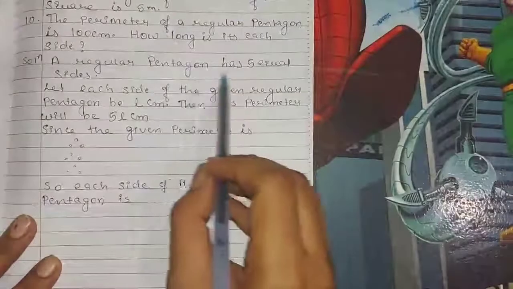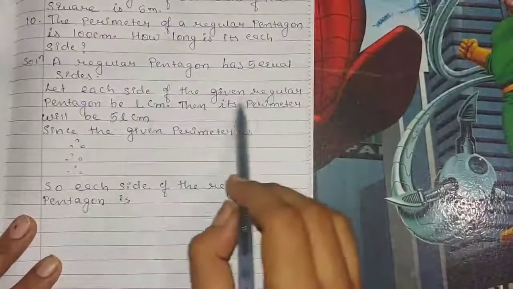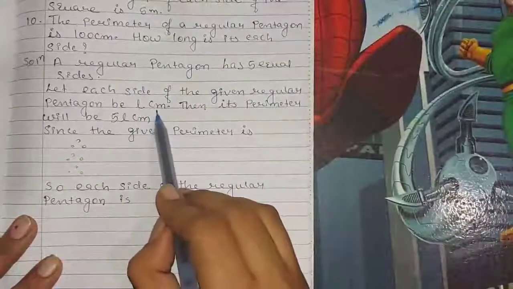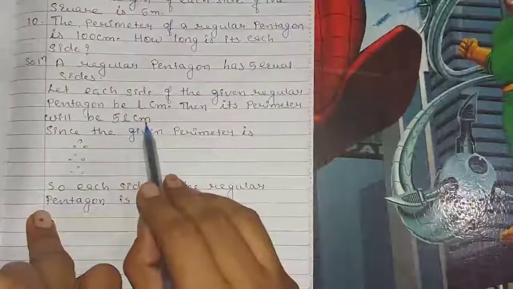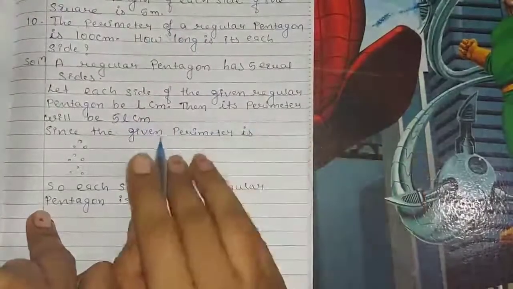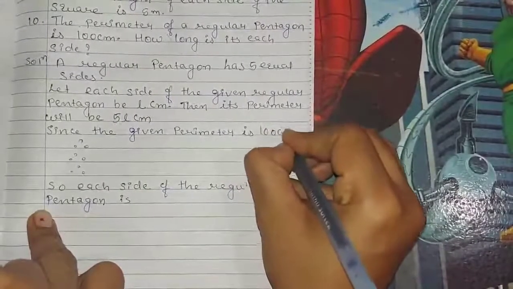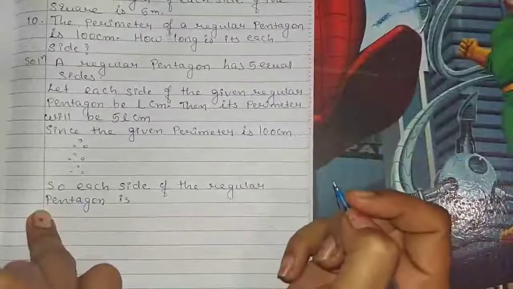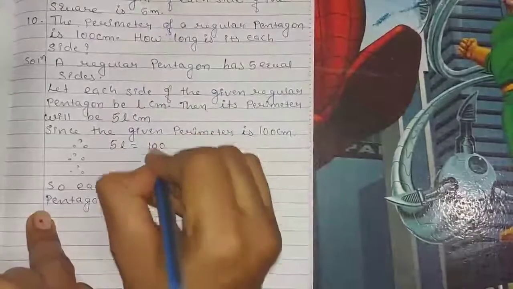A regular pentagon has 5 equal sides. Let each side of the given regular pentagon be L centimeter. Length we have taken as L. Then its perimeter will be 5L centimeter because pentagon has 5 sides. Now the given perimeter is 100 centimeter. This is given in the question. Therefore 5L equals 100.